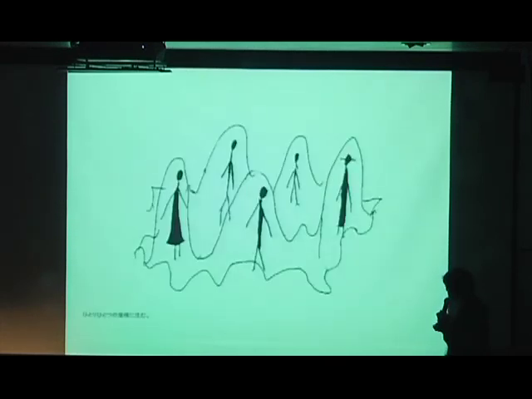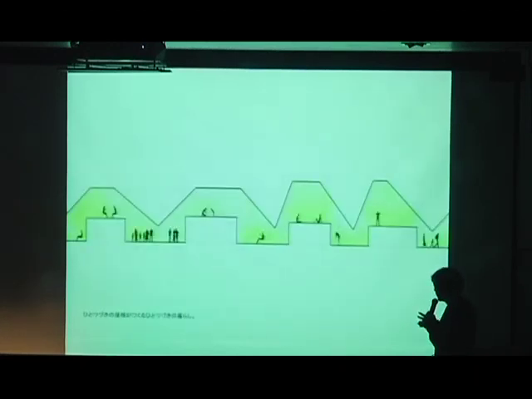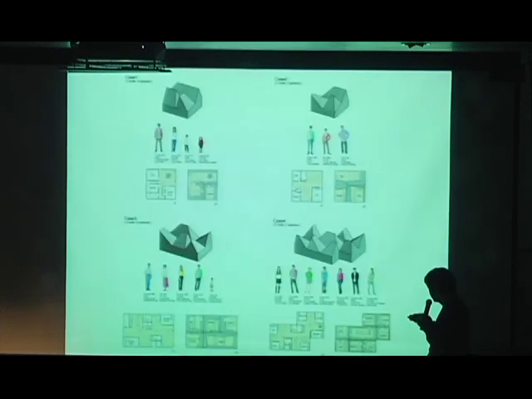So the relationship between each person is separated in the upper part, but connected somehow in the lower part. So they can feel the separation and at the same time the connection. The section diagram will be like this. So they can feel the oneness, but also they can feel the separation.